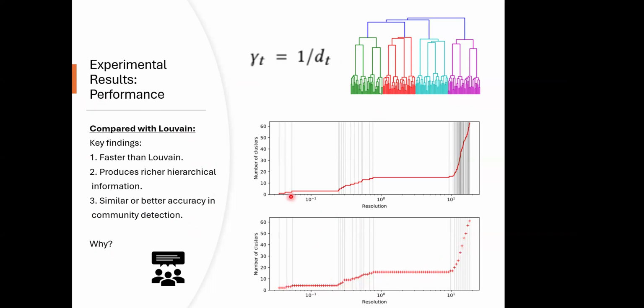But with our algorithm, in one go, you can see the same results via the dendrogram. The dendrogram holds all these runs of Louvain at once. So this is the point: when you run Paris, you have all the information for all those runs of Louvain.